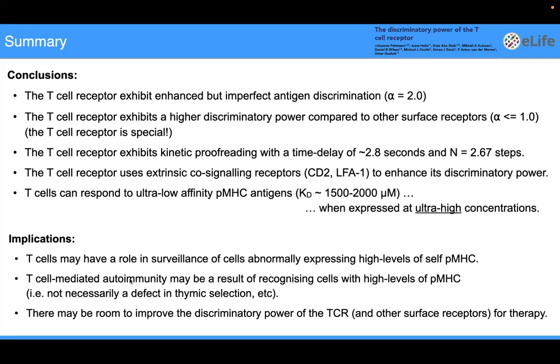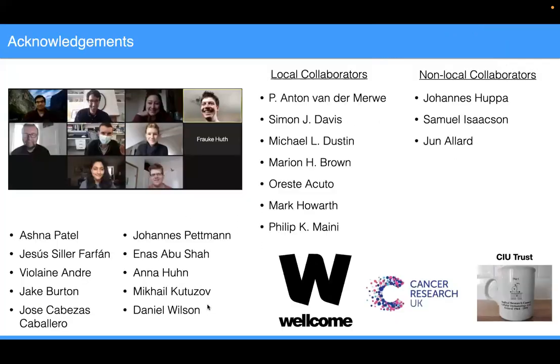And so there are some implications for this, including the possibility that we might be able to improve the discrimination power of T cells. And we're doing that, again, because we studied all these mechanism X that can improve discrimination beyond kinetic proofreading. We're trying to see whether we can engineer T cells to have some of these mechanisms in order to improve their discrimination power.